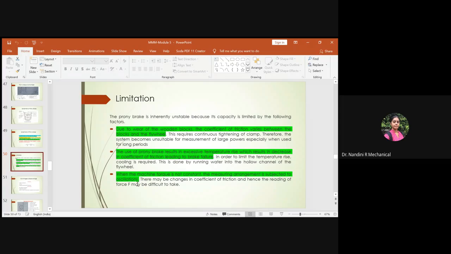If the oscillations are controlled, you can try to get a constant amount of torque. If you don't get that constant torque, it changes the coefficient of friction, and once the coefficient of friction changes, it becomes difficult to identify the value of force. So these are the three limitations associated with the Prony brake dynamometer.